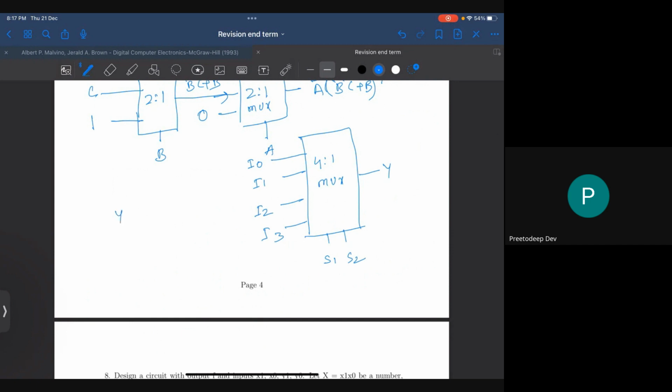So Y will be S1 bar S2 bar I0 plus S1 bar S2 I1 plus S1 S2 bar I2 plus S1 S2 I3. So it's like simple.